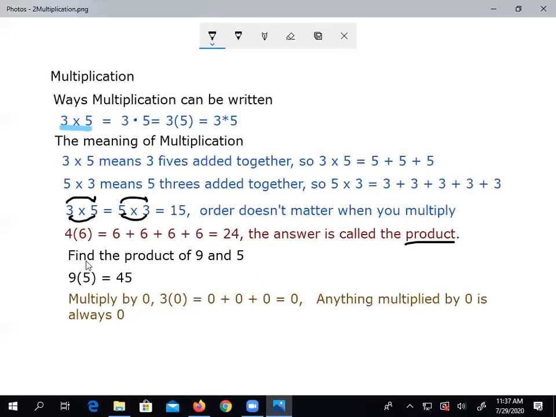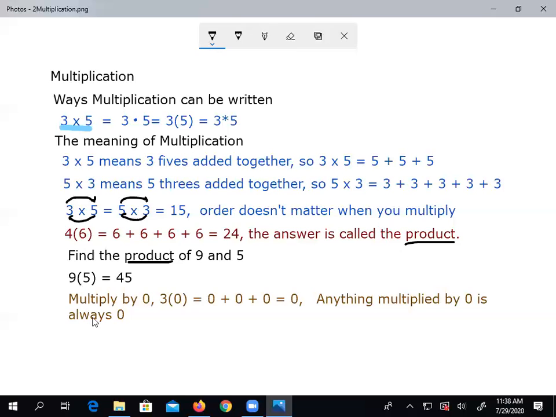So if it says find the product of 9 and 5, that's going to be a signal to multiply. So that's going to be 9 times 5. 9 times 5 means 9 5s. And most of us can count by 5s pretty easily. We can just, on our fingers, go 5, 10, 15, 20, 25, 30, 35, 40, 45. So 9 5s is 45.